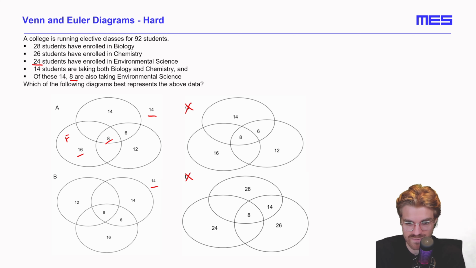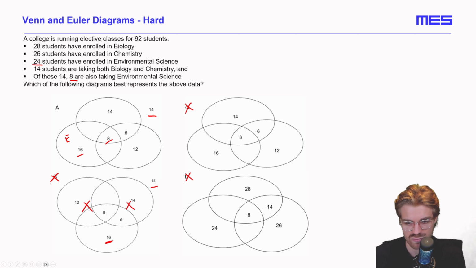So this must be the environmental science. And I can see on the other side here, the 16 is being added to the 6 and the 8 there. So that doesn't quite work. 12 plus 8 is 20. That doesn't work at all, which means that there's no potential course there. And 14 plus 8 plus 6 also doesn't work. So just by doing that, I can now rule out B.